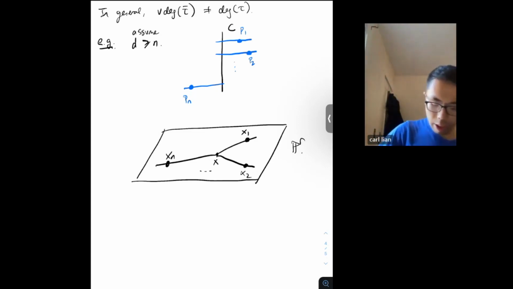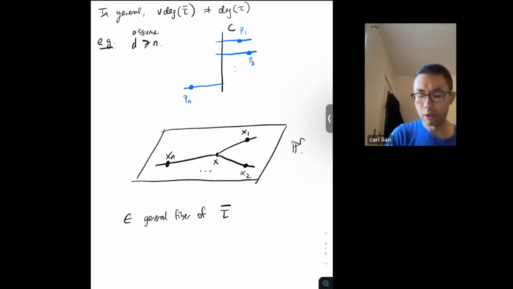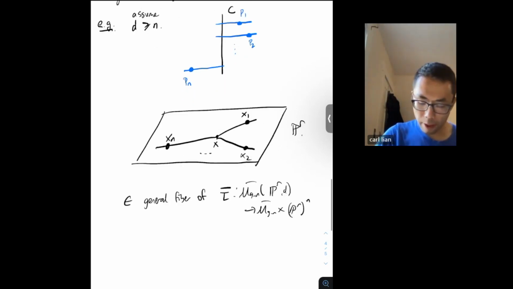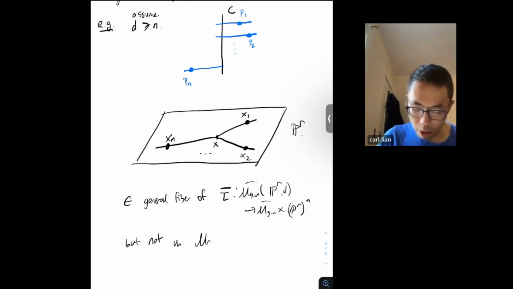And so this is in fact a positive dimensional family of maps that lives inside the general fiber of tau bar, which goes from M_{g,n} bar, sorry, I guess P^n, P^r, to M_{g,n} bar cross P^r, but not in the open part, which is where I actually want to count the maps.